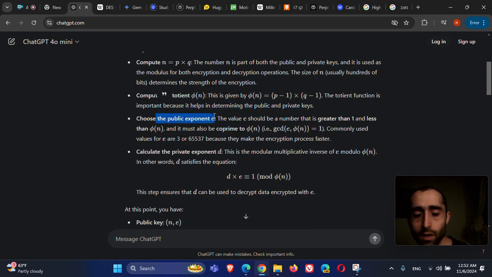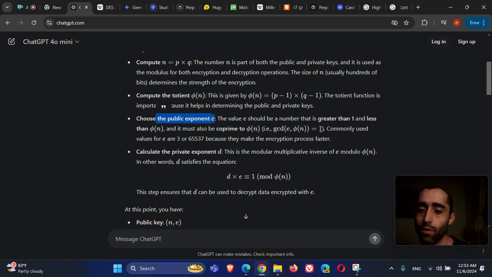Now choose the public exponent e. The value e should be a number that is greater than 1 and less than the totient function of n that we just calculated. It must also be co-prime to the totient of n, namely the greatest common divisor between the e we choose and the totient function should be 1.